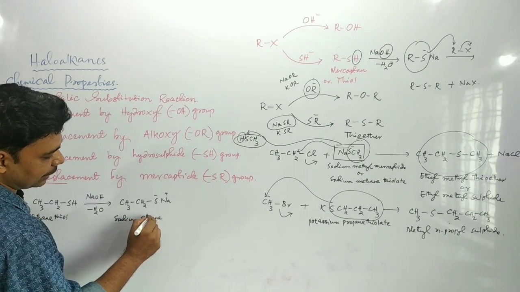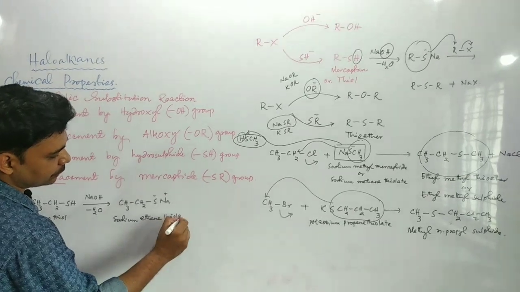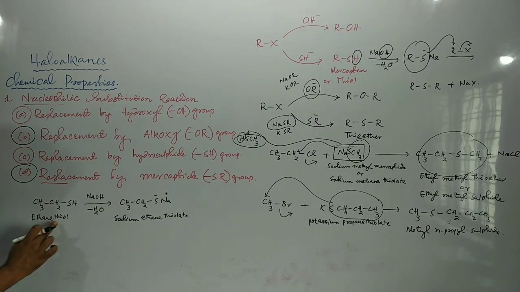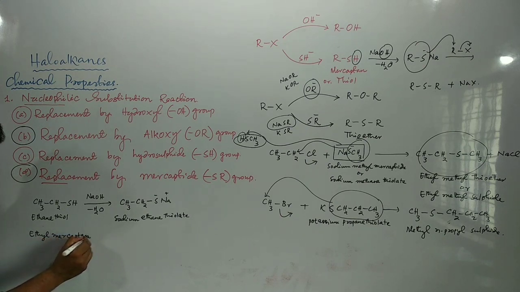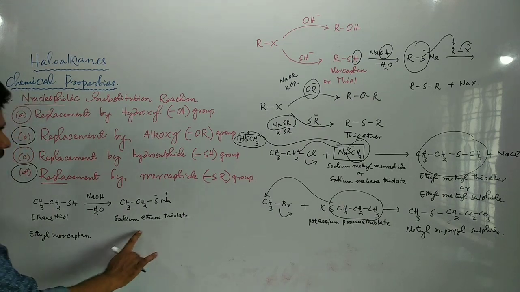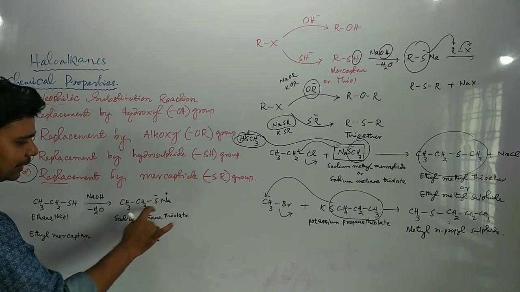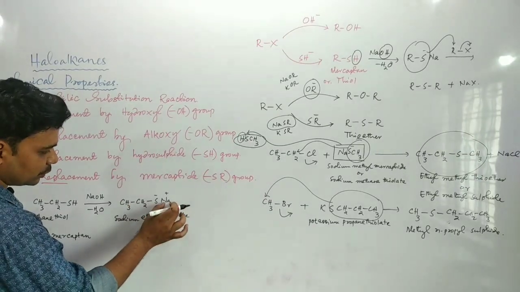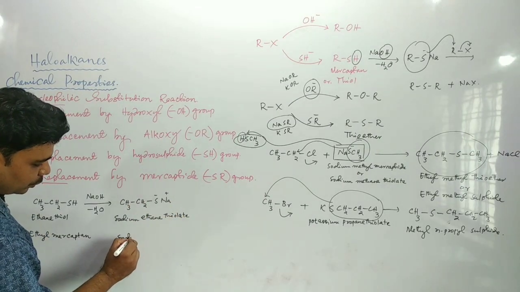Ethanethiol has another name, which is ethyl mercaptan. Similarly, you can assign the name ethyl mercaptide. This is ethyl mercaptide, from ethyl mercaptan. Sodium ion is there. Mention it.